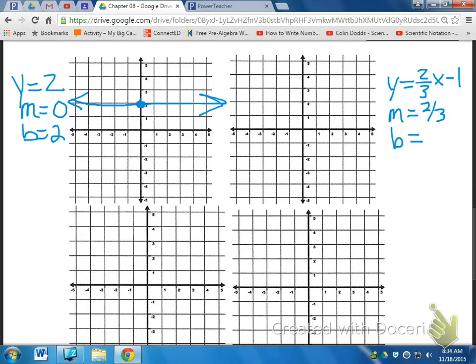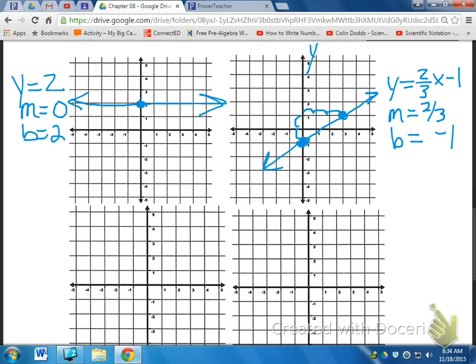And what is the y-intercept? -1. So you start at that y-intercept down at -1 on the y. Make sure you're always starting on the y, not the x. And from here, I'm going to rise up 2 and run 1, 2, 3. And put my second point and graph my line.